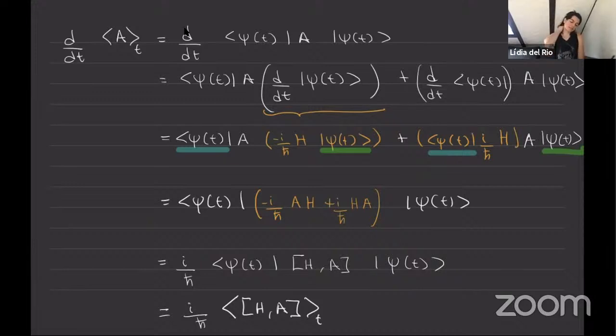What does this tell us? Well, it tells us that if we want to know how some observable evolves in time, first we need to compute the commutator with the Hamiltonian. This is going to be the most important thing. And then we still need to evolve the state and then compute this inner product at a time. But the trick here is that sometimes this thing is going to have a very easy form.